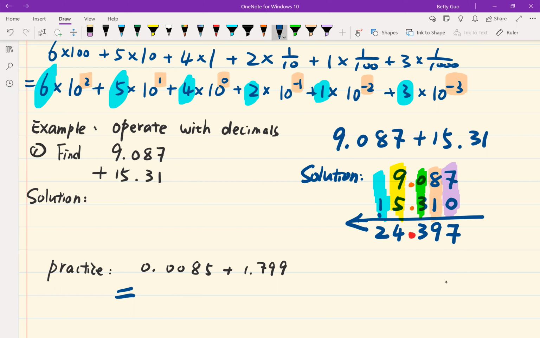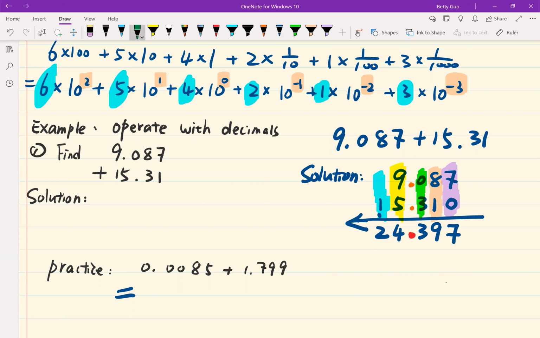0.0085 plus 1.799. You have 1 minute. Line them up.